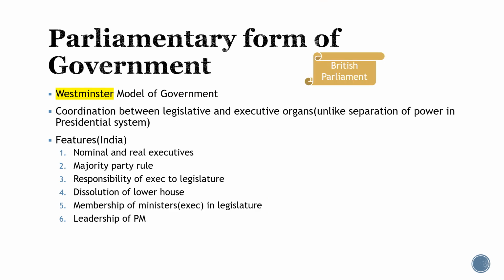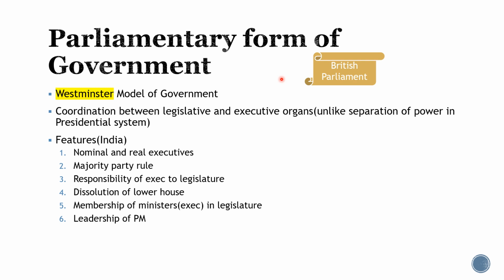We also have the parliamentary form of government, and it is also called the Westminster model of government. It was borrowed from the British Parliament, and it basically depends upon the coordination between the legislative and the executive organs, which means that there is no complete separation of power between the legislative and the executive.